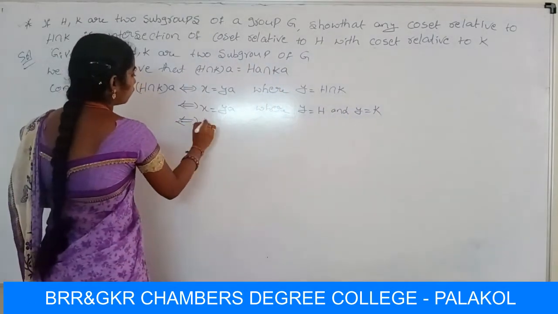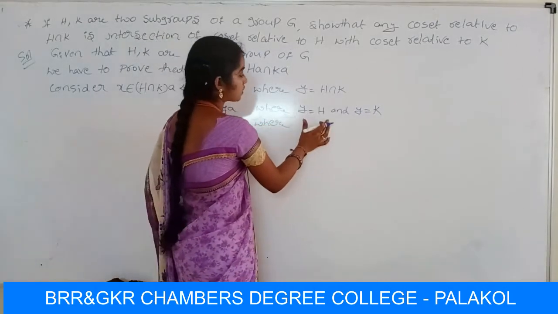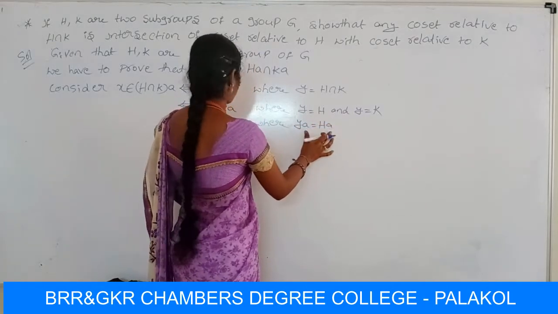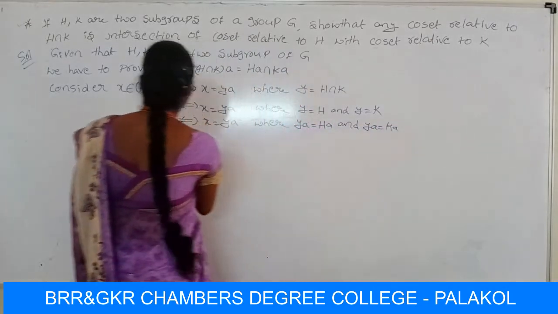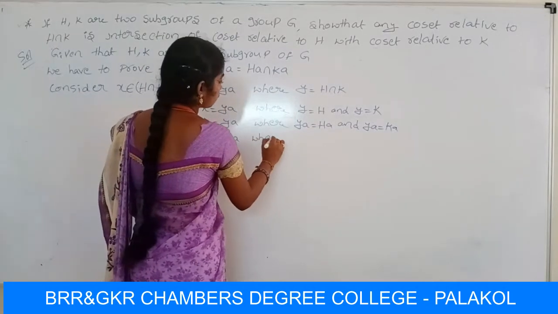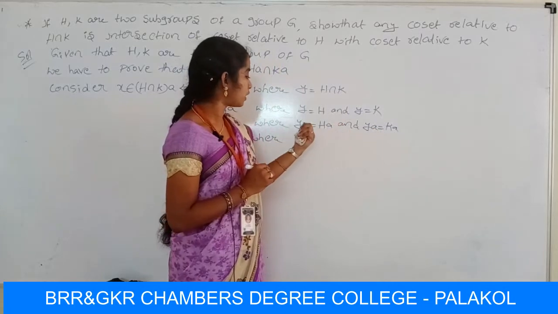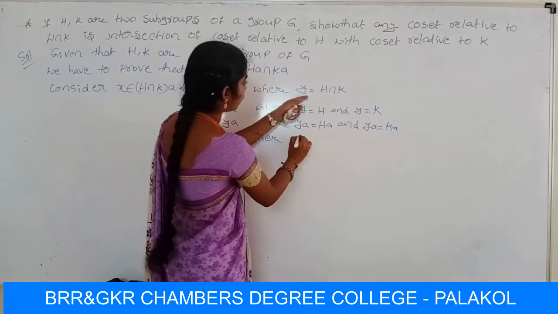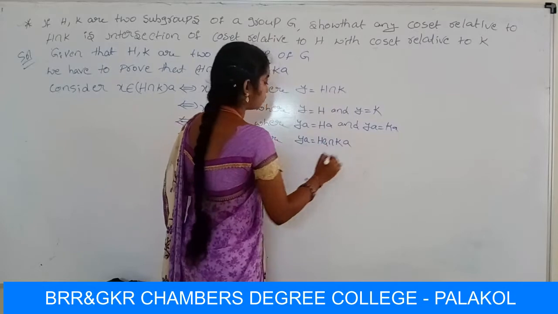So if and only if x equal to yA, where, multiplying on both sides by A, yA belongs to HA, the right coset, and yA belongs to KA. So the common element in HA and KA is yA. So yA belongs to HA intersection KA.